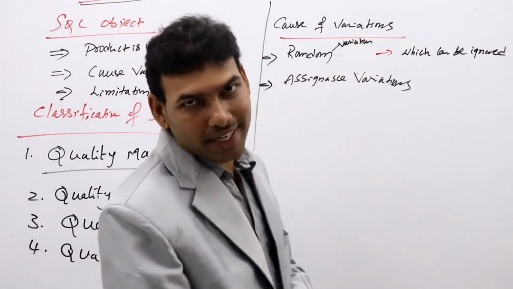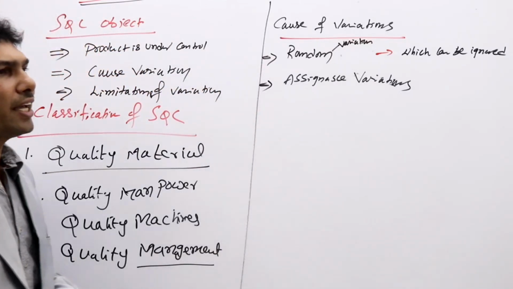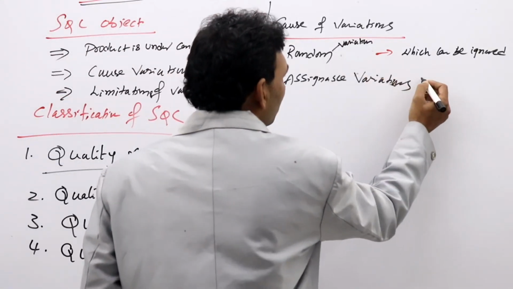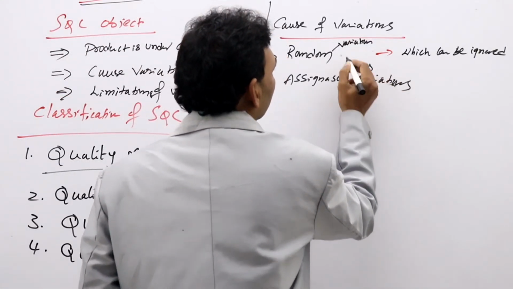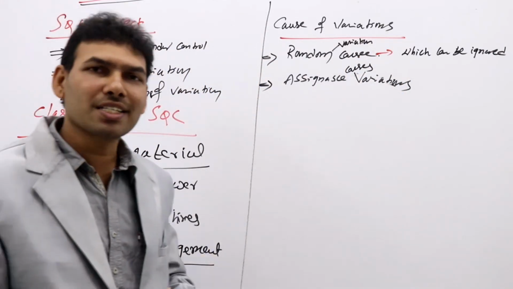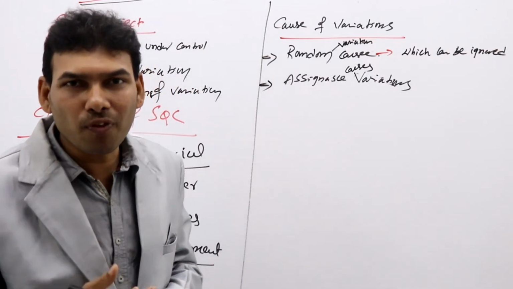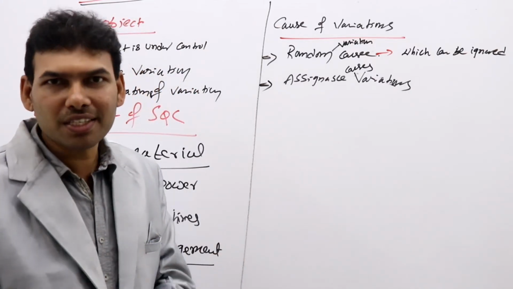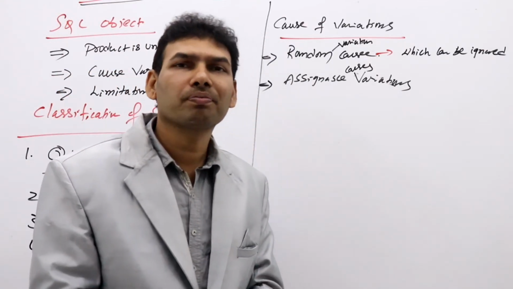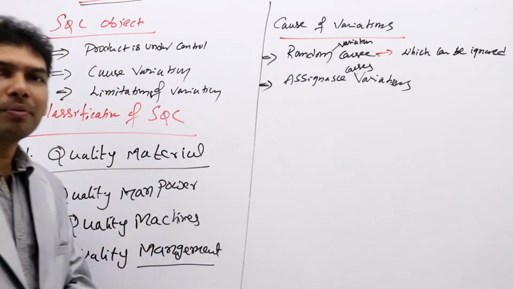What are assignable variations? This is important. Assignable variations are due to assignable causes. These assignable causes are due to the lack of good machines, inexperienced manpower, and no quality material.